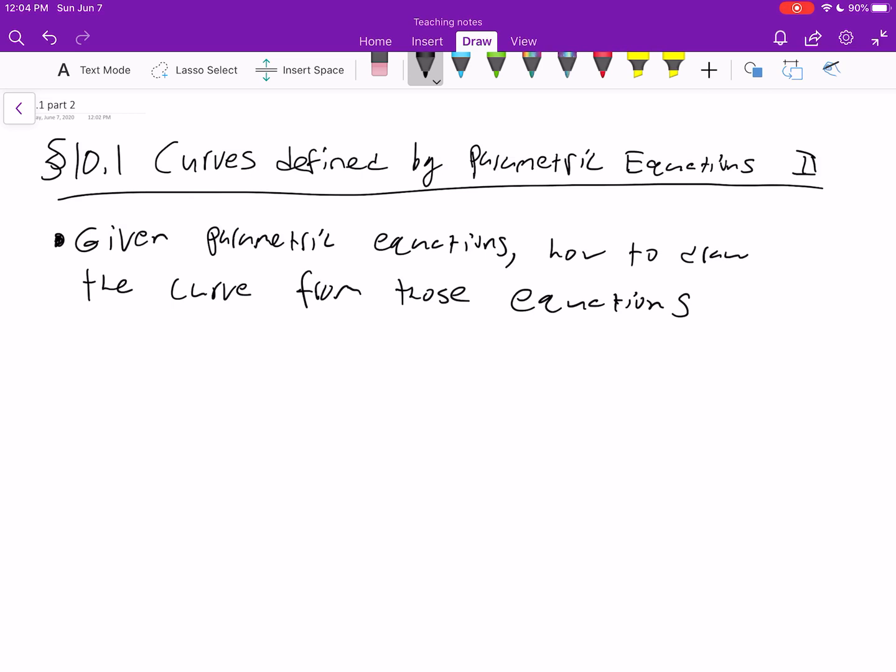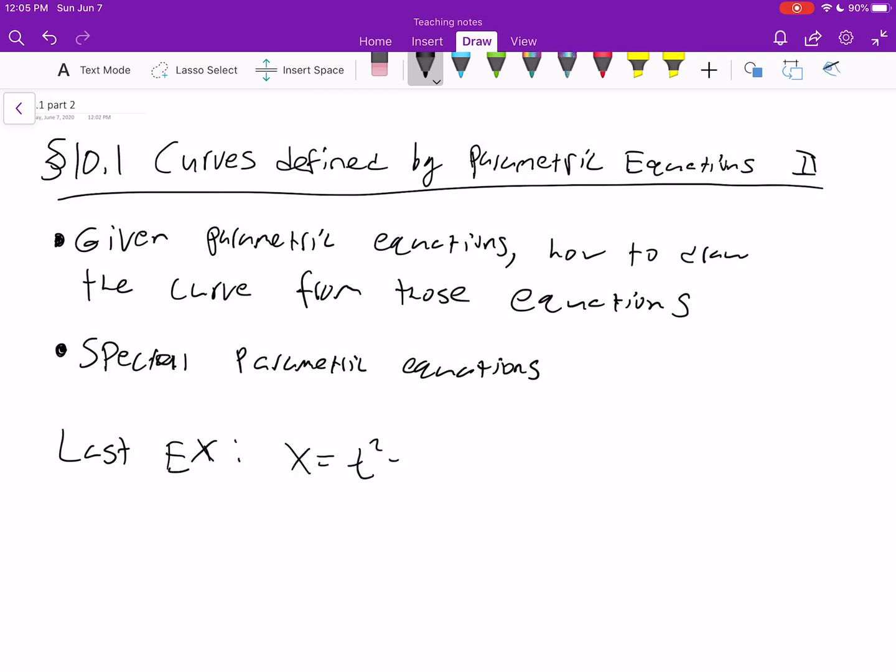The other thing you want to take from this chapter is that there are certain special parametric equations whose shape you want to know. For example, in the last example, we had x equal to t squared minus 2t and y equal to t plus 1.